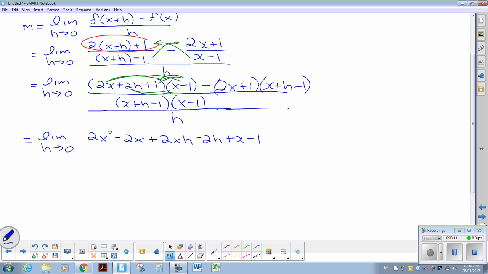Now the second one, I'm going to do the expansion, and I'm going to change the sign of everything because it's going to be the negative of whatever I come up with. So it'll be negative 2x squared, and then the negative of 2xh, the positive of 2x, the negative of x, the negative of h plus 1.